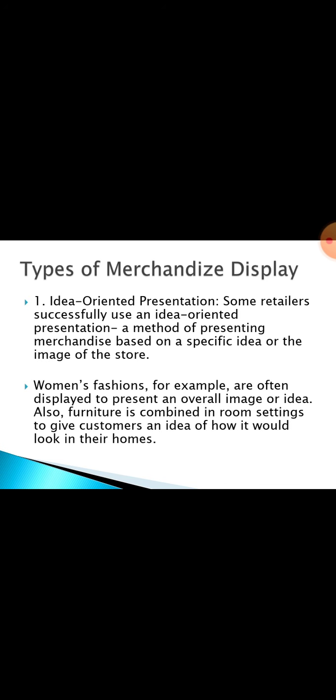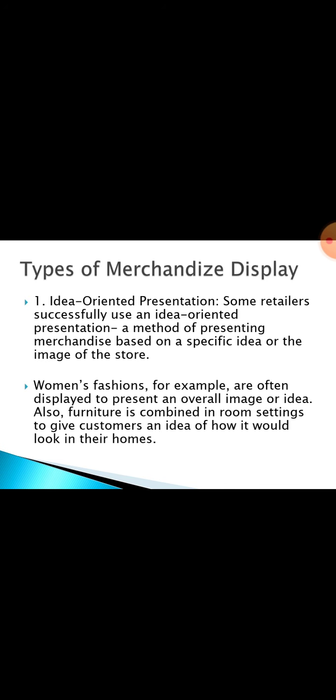Now we come to the topic, that is types of merchandise display. So what are the types? We can understand it like, first point is idea oriented presentation. It is oriented towards the idea and you are presenting your idea.